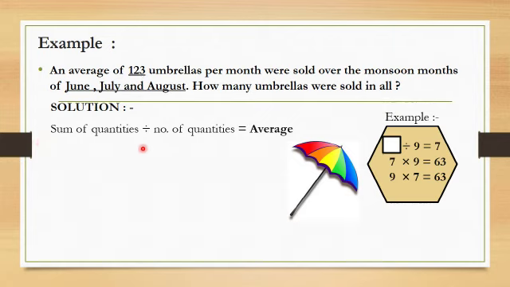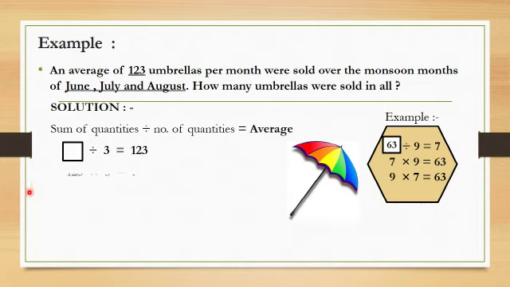Sum of quantities divided by number of quantities is equal to average. Now what we have to find out is the sum of quantities, so I have put a square here, divided by the number of quantities, that is 3. As I told you, there are 3 months in this question. So 3 is the number of quantities, is equal to the average, which is 123 according to the question.